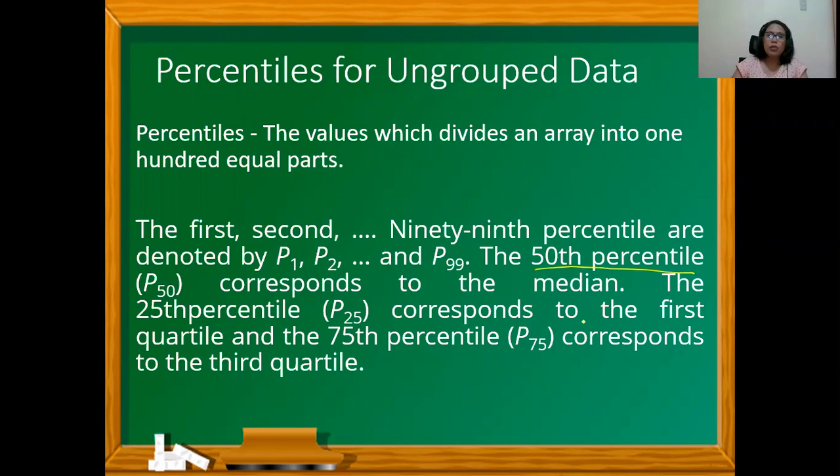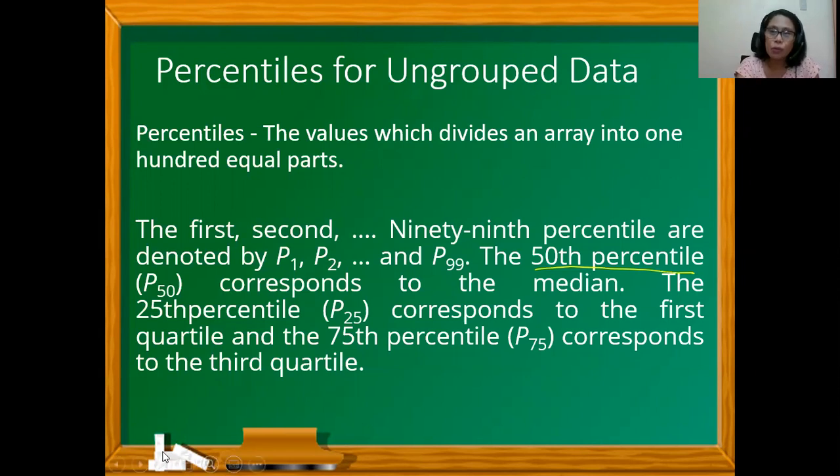So basically, in solving for the percentiles involving ungrouped data, we need to locate the position of each percentile. And then after finding the position or the order of that percentile, by inspection or by doing some calculations, if the position is not a whole number, then we will come up with the percentile value.